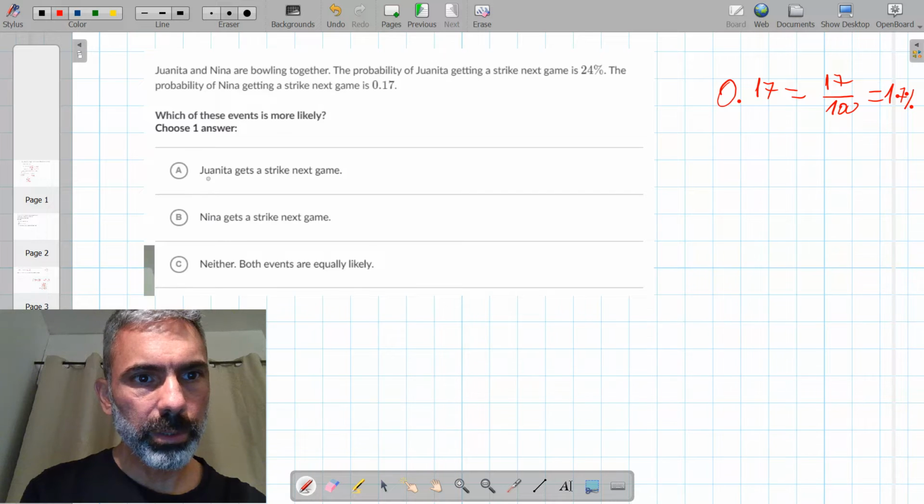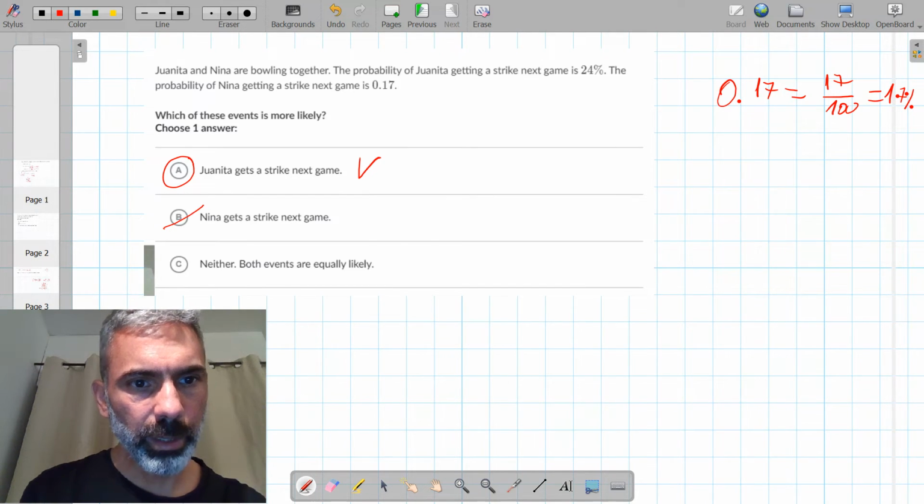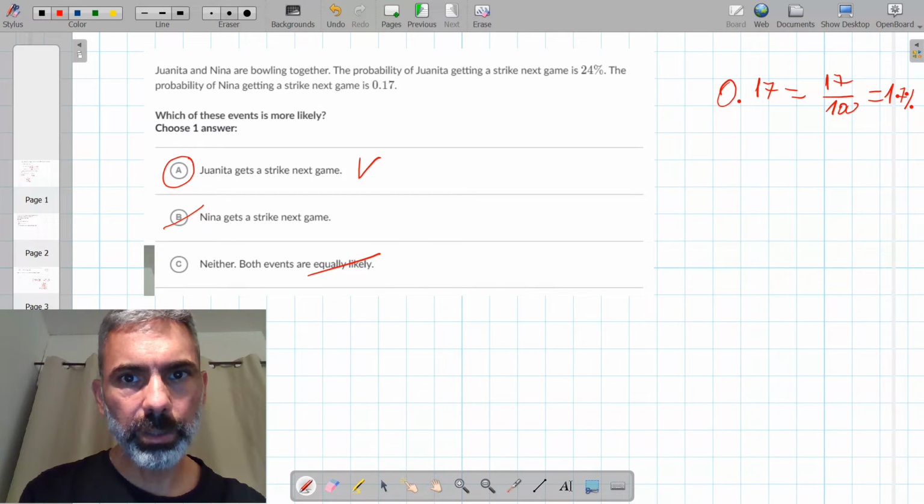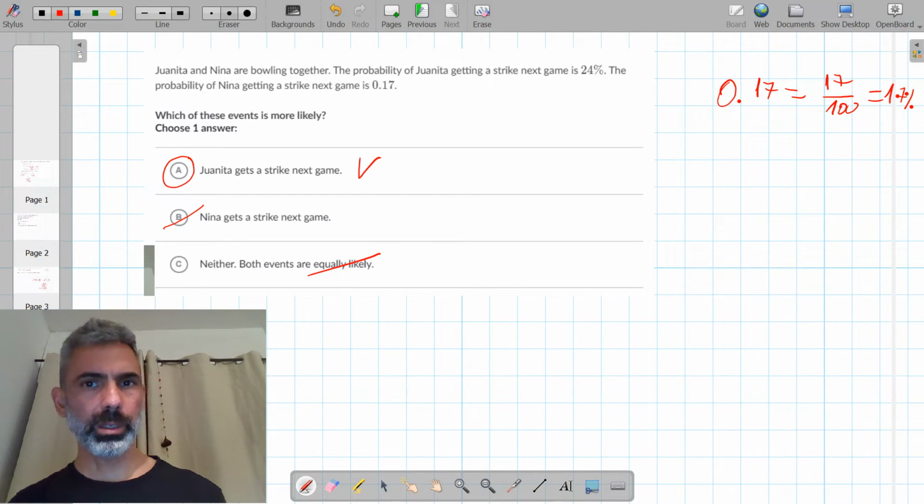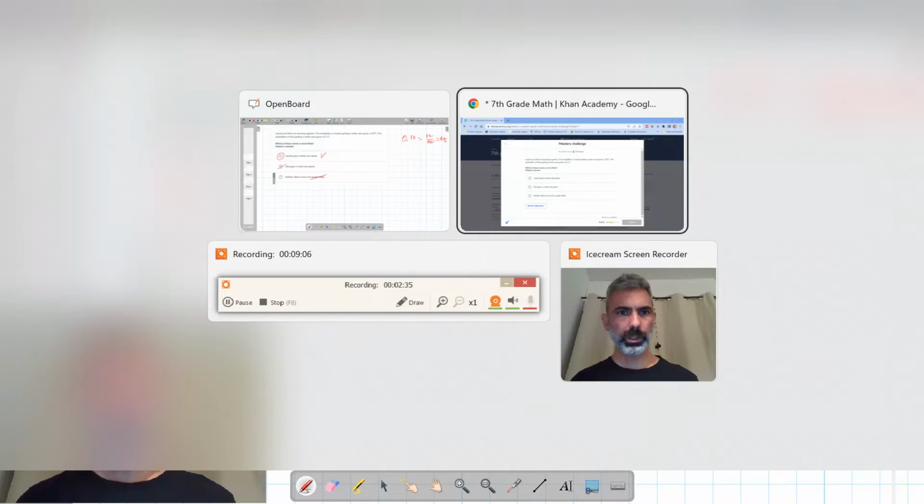So it's more likely that Juanita gets the next strike. Nina getting the next strike is less likely. So this is incorrect. And it's not equally likely because Juanita has a greater chance of getting the next strike. So A is the correct answer.